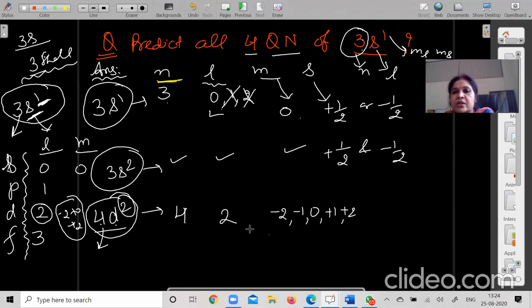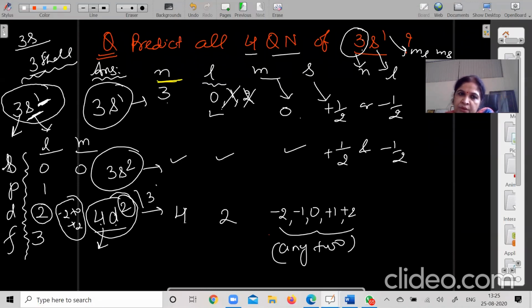If only 4d, then it will be all 5. But for 4d2, 2 electrons will enter 2 orbitals, so you write any 2 orbitals.